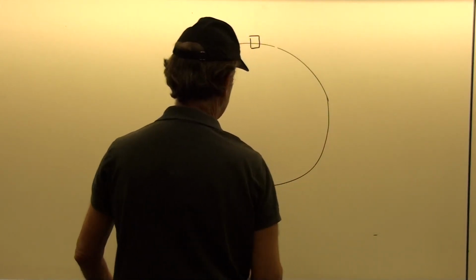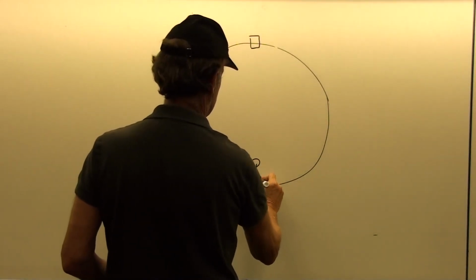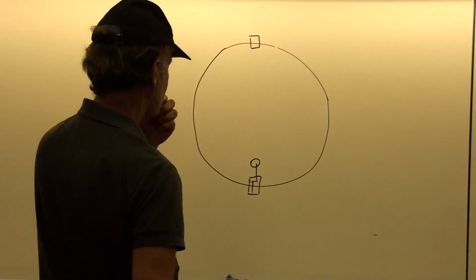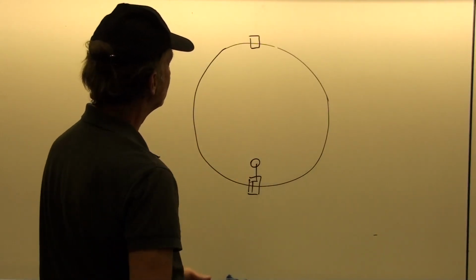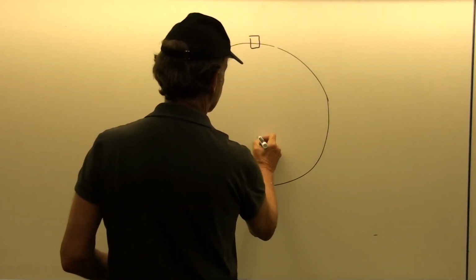Down at the bottom, you're going to feel a little bit heavier because it is going to take more force to push up to keep you going in a circular path.